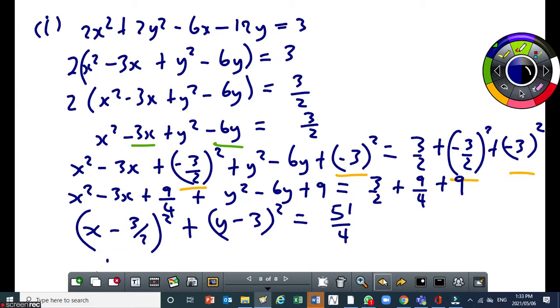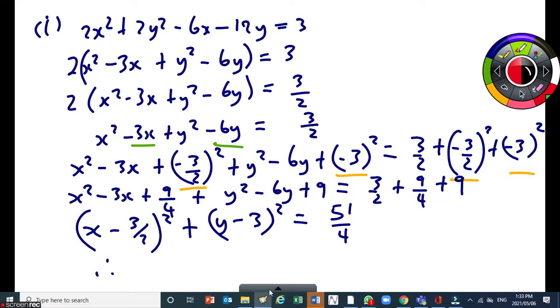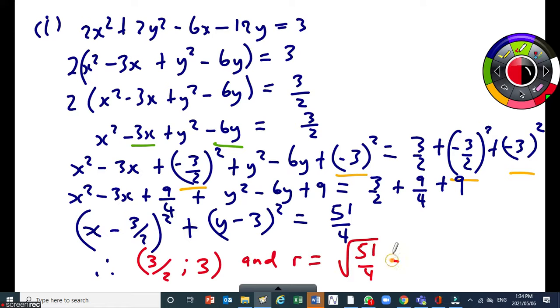So our center is going to be at 3 over 2, then y is 3, and the radius is going to be equal to the square root of 51 over 4, which is the same as the square root of 51 over 2 units.